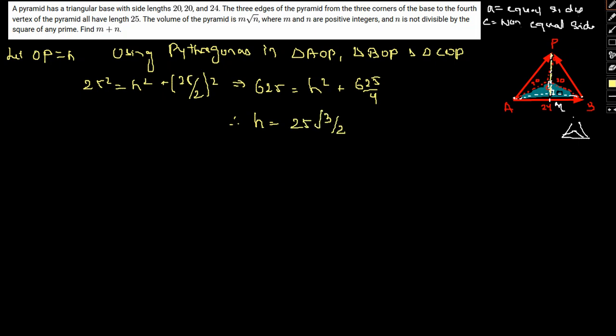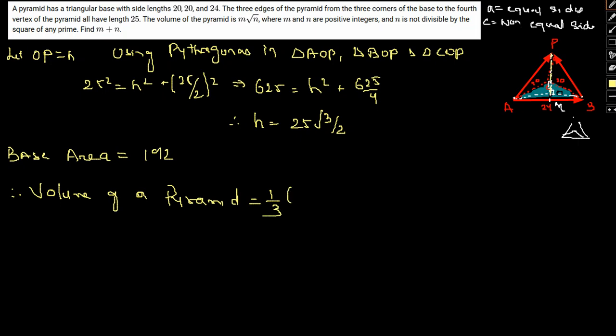Now we already had the base area initially, which was equal to 192, that we determined initially. So the volume of a pyramid is given by 1 by 3 into base area into height.